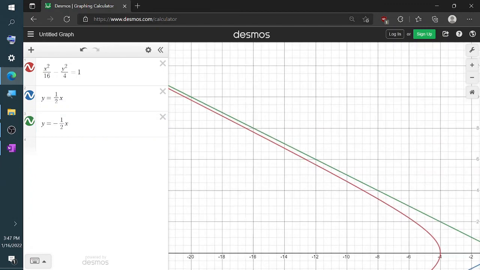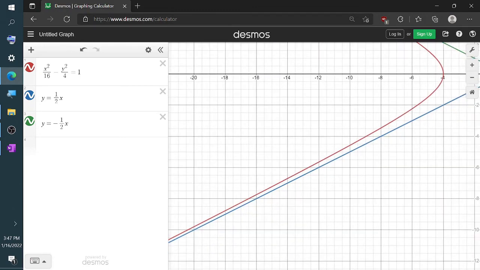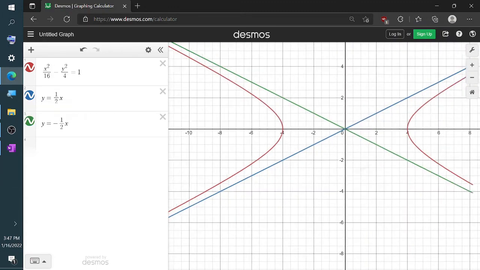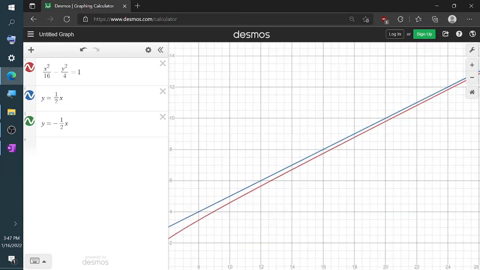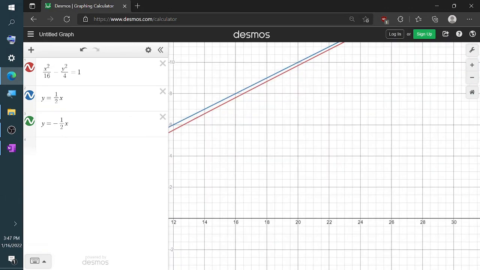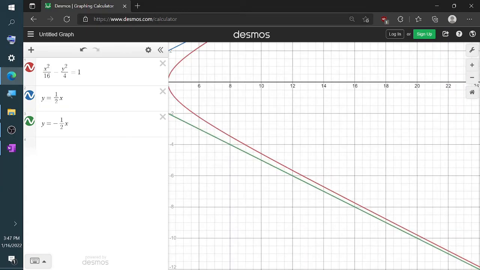As a matter of fact, the red curves are going to get closer and closer to the crisscross lines as we move away from the origin. So the hyperbolas asymptotically get closer to the crisscross lines as we move away from the origin.